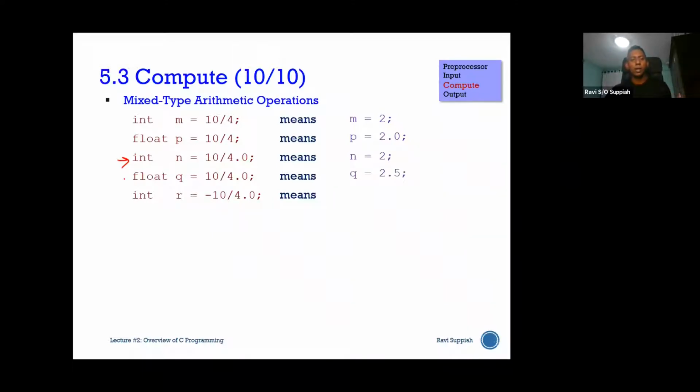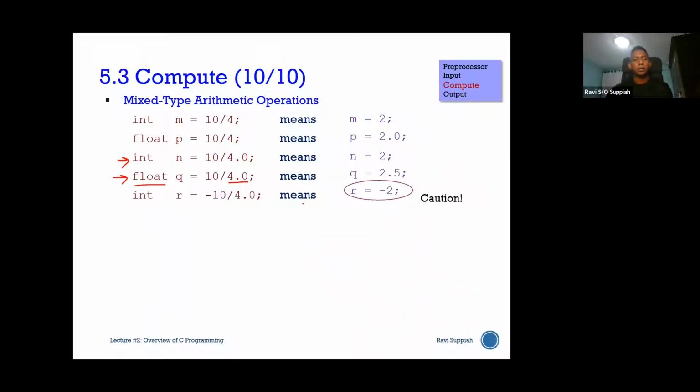The time when you get it correct is when your variable is declared as a float and one of your parameters in the division is also a decimal point value. Then your division is carried out as a float based arithmetic division, and you get the result as decimal value 2.5.